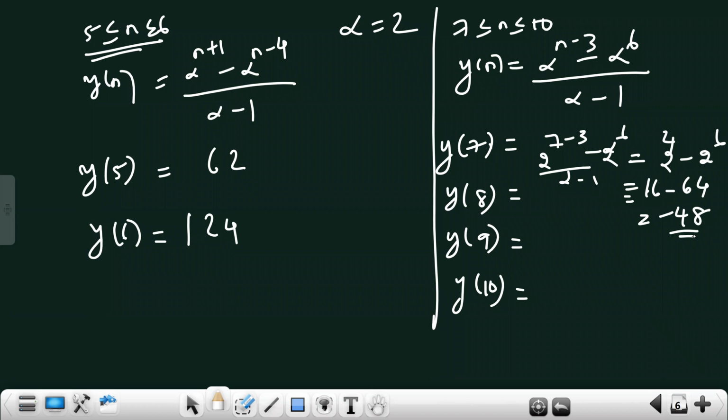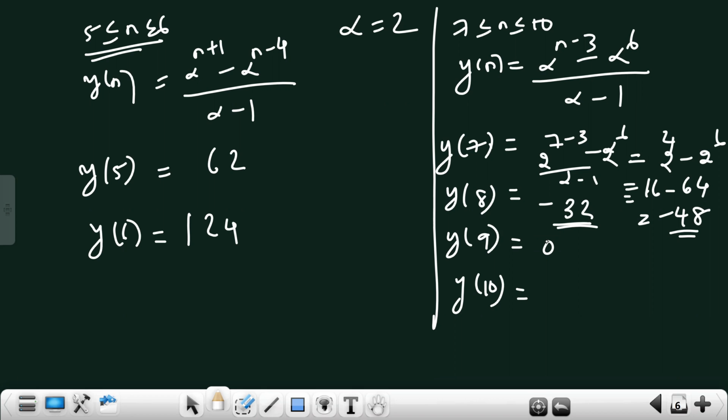Similarly, y of 8 is minus 32. Y of 9 is 0, because when you substitute, you will get alpha to the power 6 minus alpha to the power 6, that will be 0.